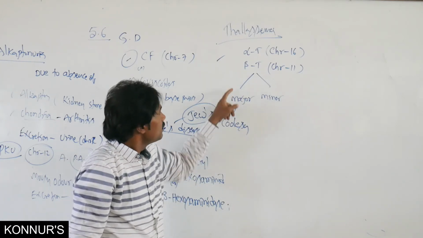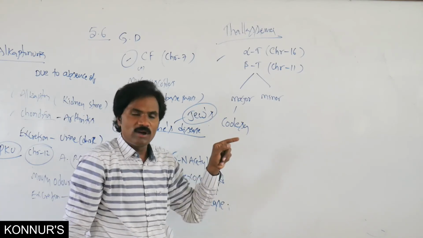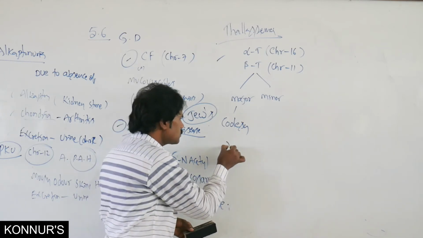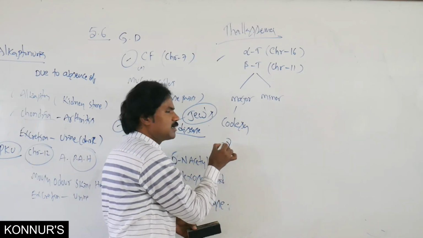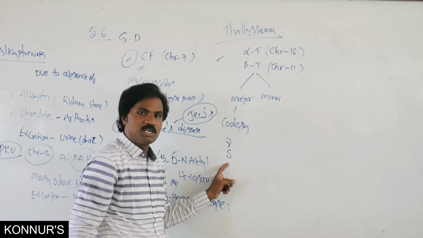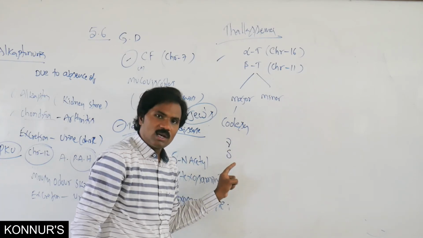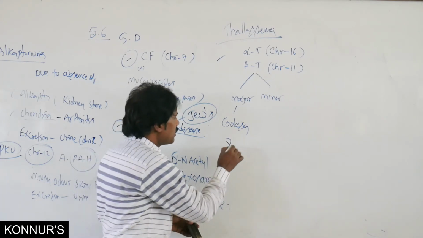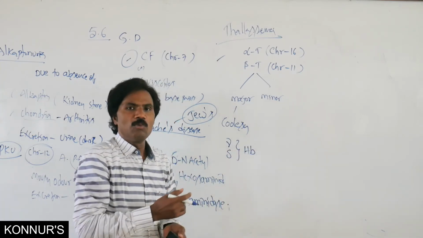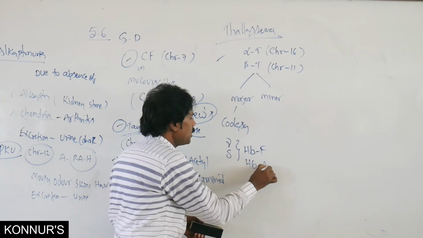In beta thalassemia major, along with alpha and beta, it is also possible to form gamma and delta chains. With formation of gamma as well as delta chains, there is formation of hemoglobin F as well as hemoglobin A2.